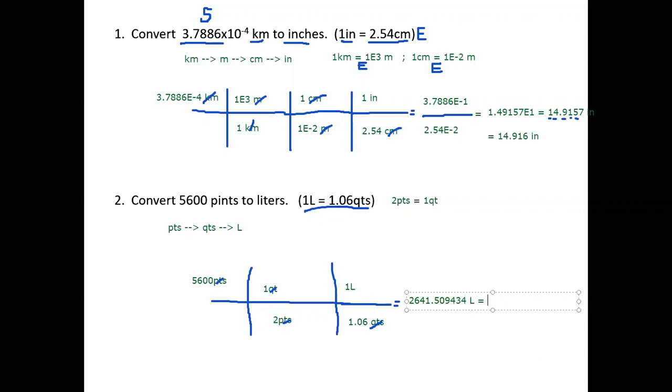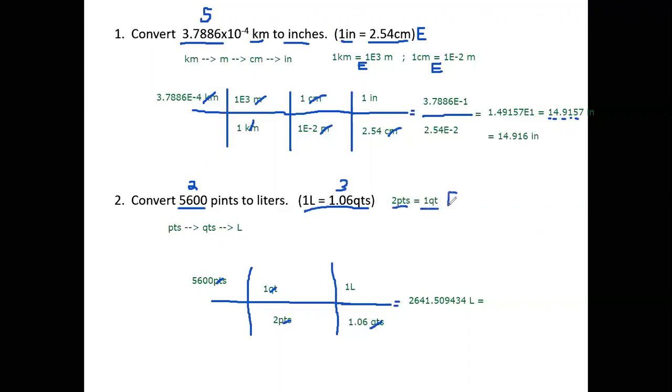But we're not finished. We have to see how many significant figures need to be in our final answer. So we look at 5600. It has 2 significant figures because those zeros don't have a decimal point at the end. 1 liter is 1.06 quarts, has 3 significant figures, and 2 pints is 1 quart.